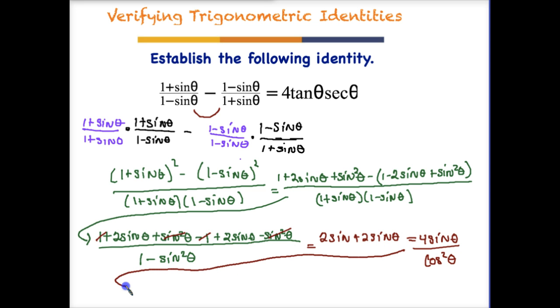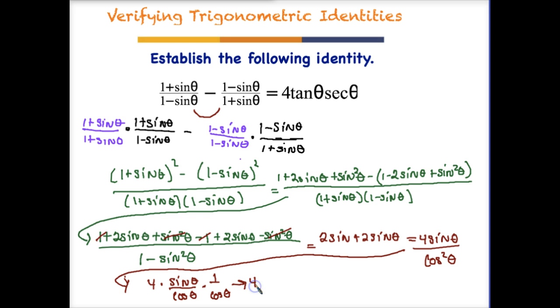Again, we're going to come over here and we'll separate the 4, and let's take the sine that we have and put it over one of our cosines because that'll make a tangent. But then what do we have left? Since this was cosine squared theta, we still have a cosine left. Here's what I get. Now let's see.